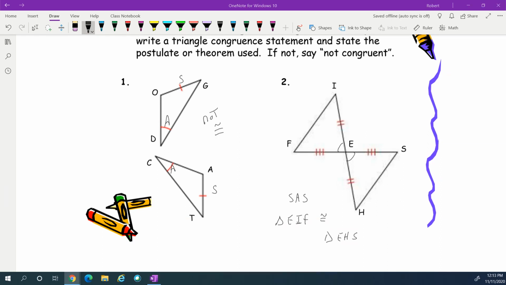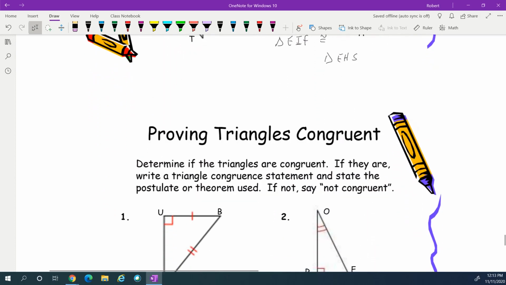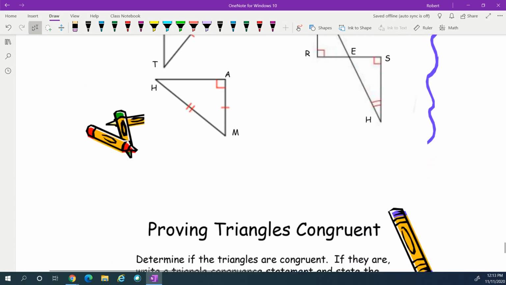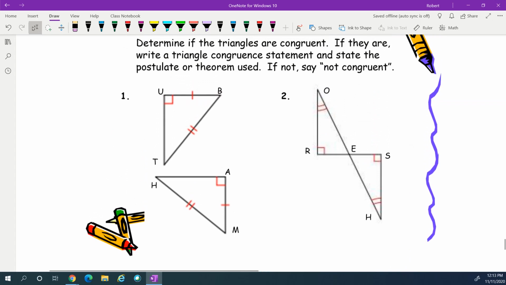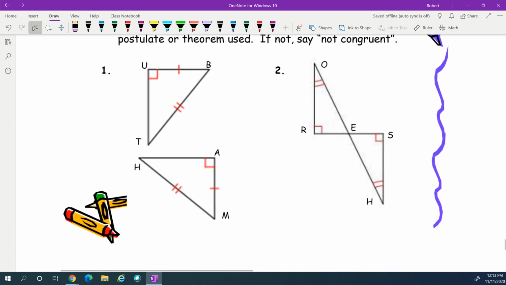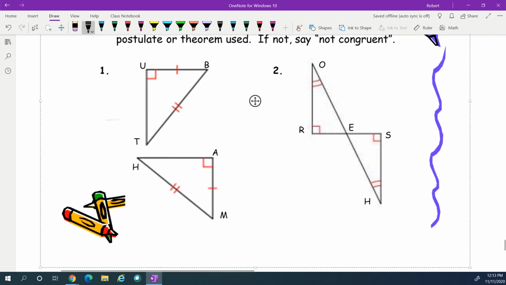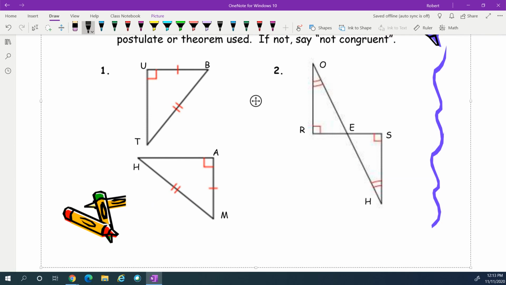So let's see if we have any more here. Okay, all right. We'll do these two. So let's see. In our first triangle, we have a side 1 matches side 1, side 2 matches side 2, and we do have an angle that matches.